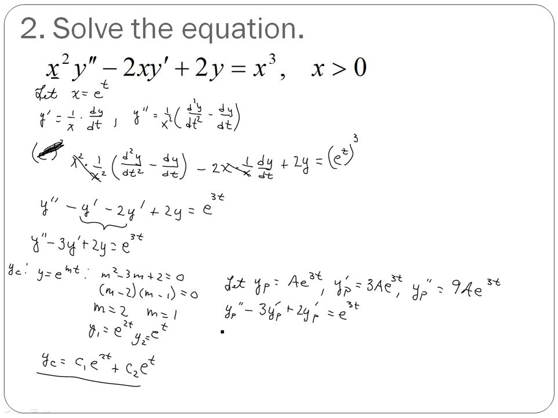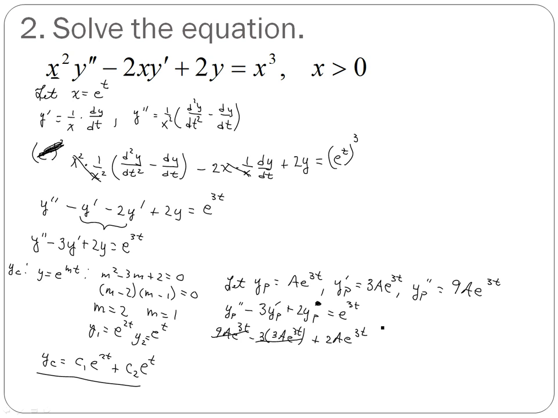I get my second derivative term, that's 9a e to the 3t, minus 3 times my first derivative term, plus 2 times, that shouldn't be a derivative there, plus 2 times y, well, when I combine these terms, notice this is 9a and this is negative 9a.